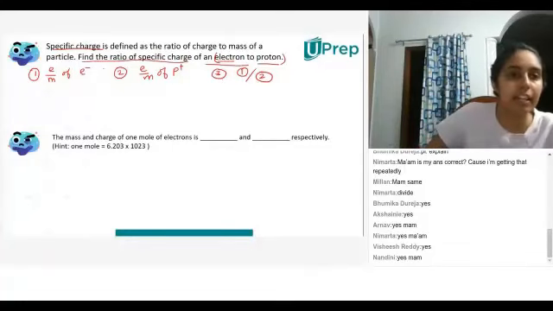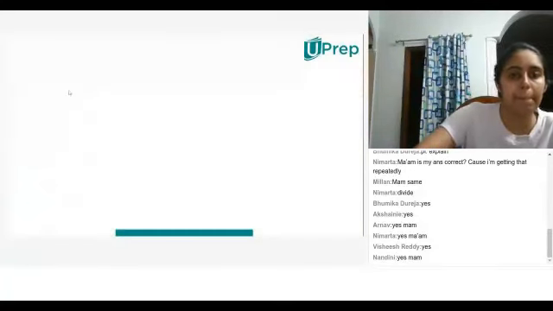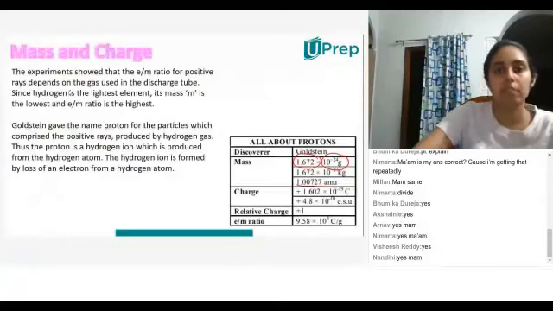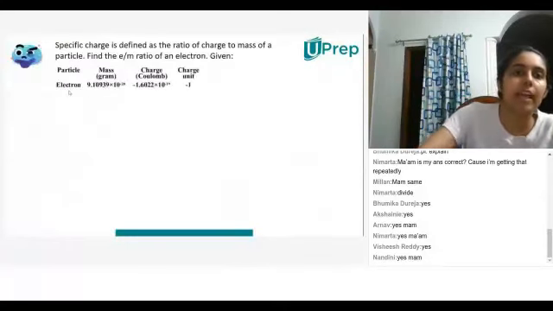So let me just write down the charge of an electron. What is the charge of an electron? Minus 1.6 into 10 to the power minus 19.